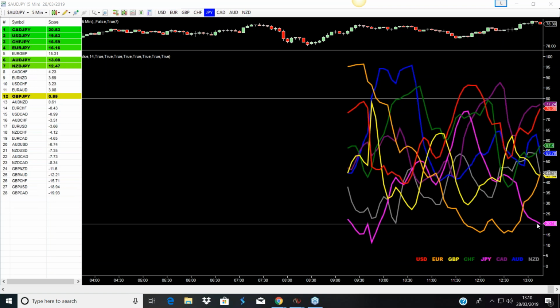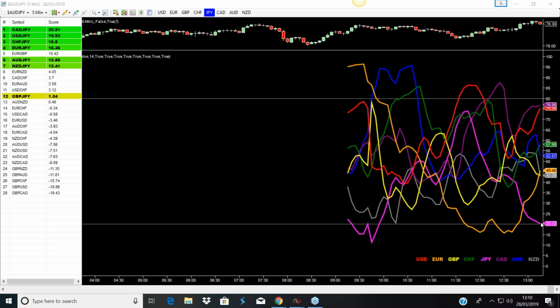So that may be the start of potentially a reversal opportunity when all those pairs move right the way down the ranking ladder, and in an hour or a couple of hours time they're all sat at the bottom because we're now seeing strong yen buying coming into the market. That may or may not happen.